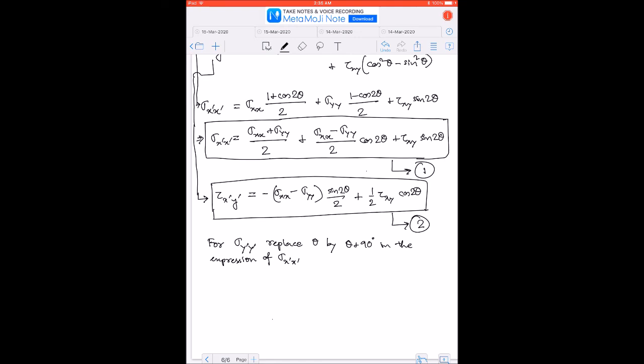So all that you have to do is go to equation 1, so in this equation 1 we just replace, so that is 180 degrees plus tau xy sine 2 theta plus 180 degrees.